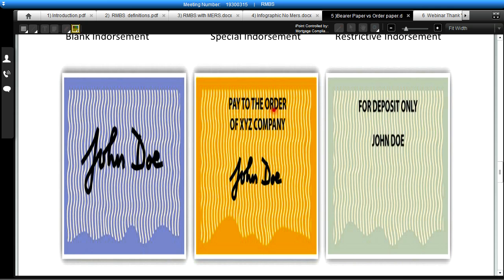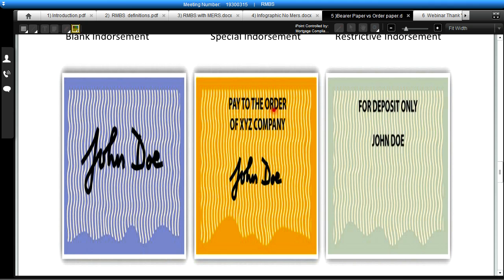But what we're going to do is fill in a date and a dollar amount, and we're going to sign it, and we're going to go to the bank because we're in a hurry. Now, when we get to the bank and you say, Mr. Banker, I'd like to cash it. And the bank says, well, there's no payee name. Put your name on there. No, I'm in a hurry. Can we just cash it? I'd like to negotiate this. No. It says pay to the order of. We need to have an identified party.